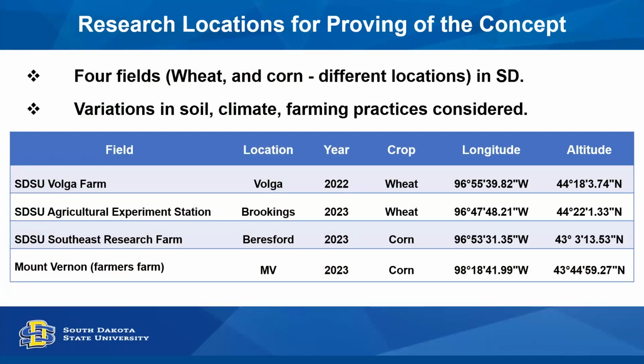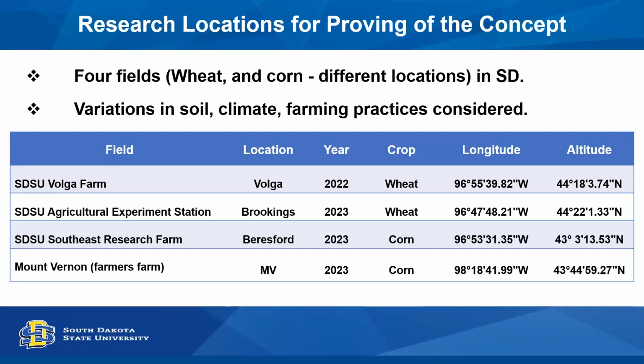We started this project in 2022, and for proof of concept, we had one wheat field, and now we have tested this project on 4 fields, for wheat and corn. On both, we had really promising results.